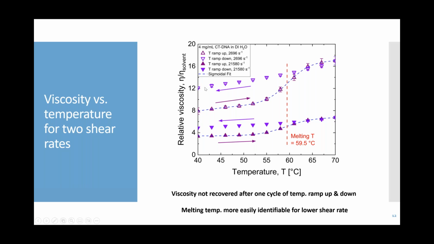So the top data that you see here is for the lower shear rate. And this bottom data is for the higher shear rate. You can see that the viscosity is not fully recovered after one cycle of increasing, decreasing the temperature. And this is happening because the DNA is denaturing above a certain temperature.